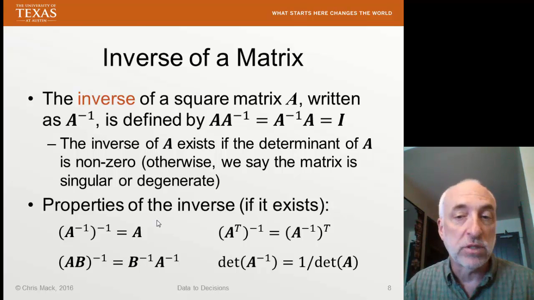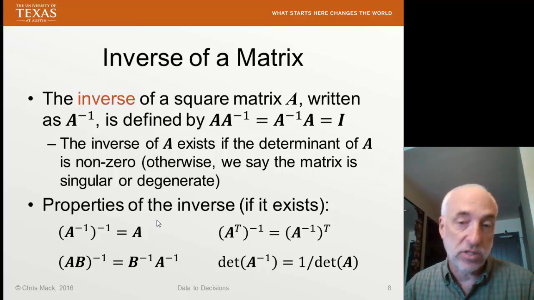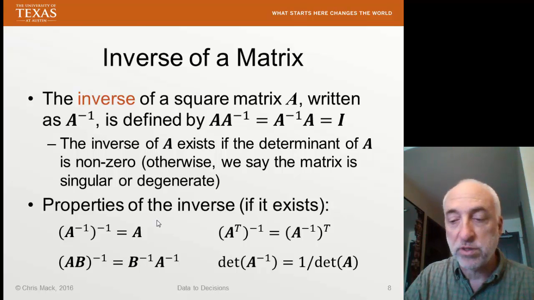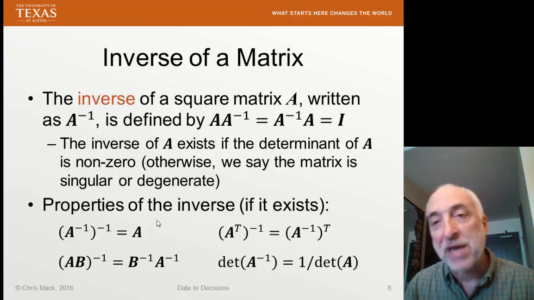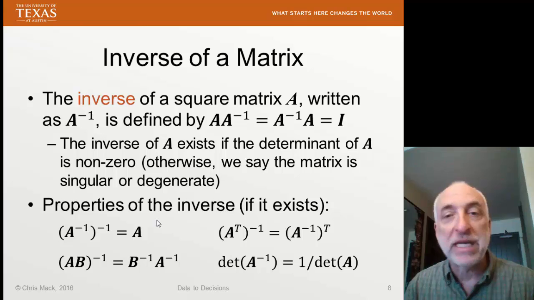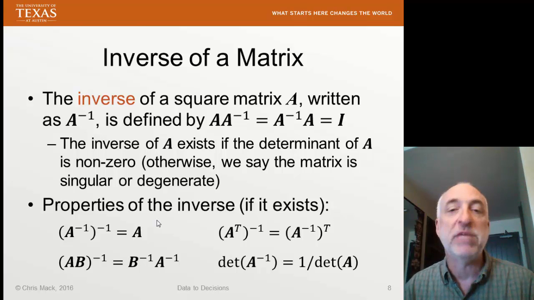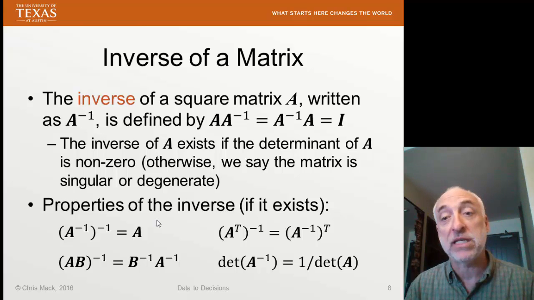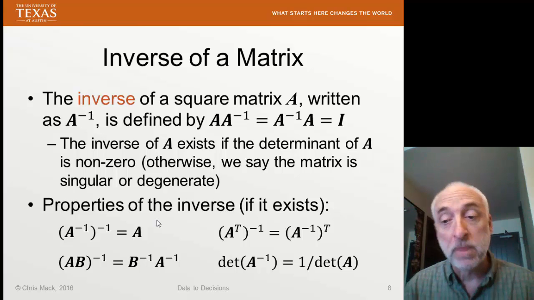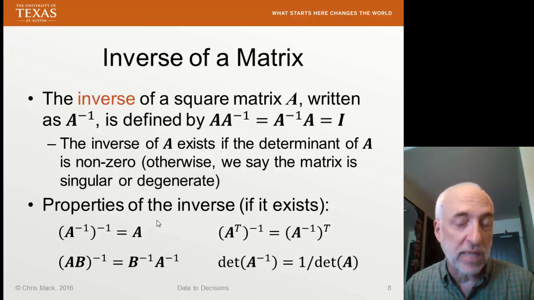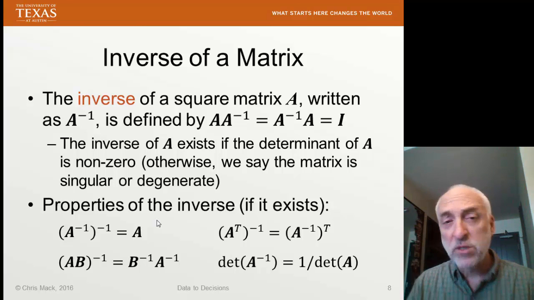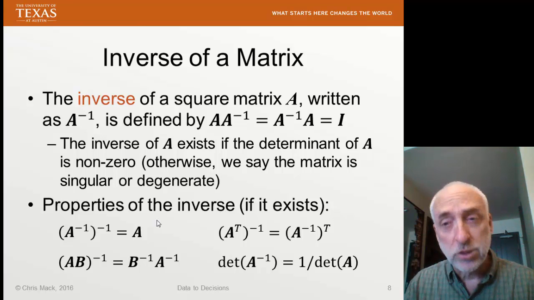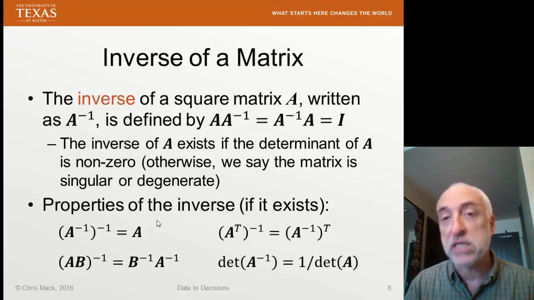Some properties of the inverse, if that inverse exists, are shown below. I won't go through those, but they're there for your reference. The mathematical techniques for generating an inverse, if the matrix is large, can be complicated. I won't go into any of the details of the various numerical approaches used. I will say this, though. If the determinant is 0, then the inverse doesn't exist.